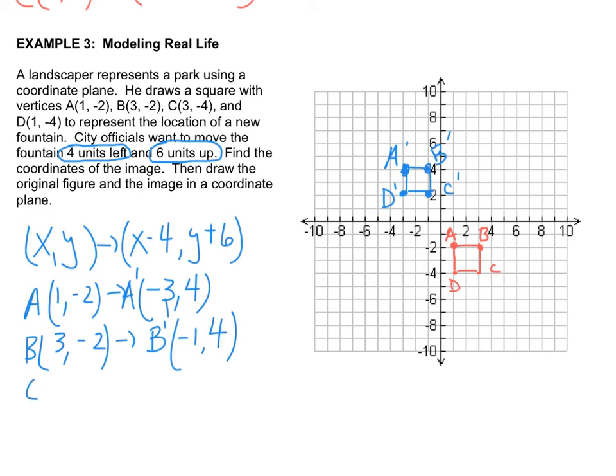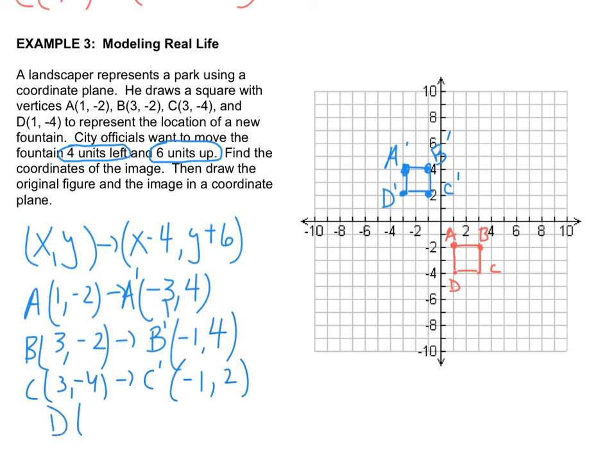C was sitting at 3, negative 4. C prime, when I subtract 4, is sitting at negative 1. And when I add 6, it is sitting at 2.